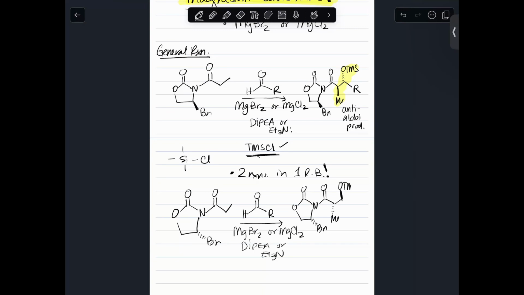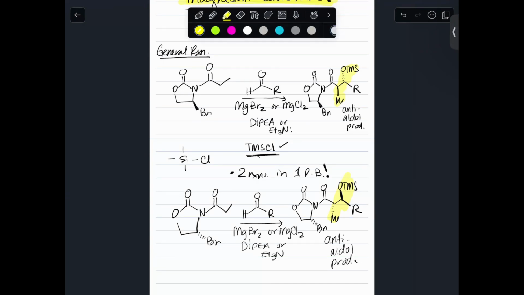You also get the protected oxygen. Let me highlight that for you again. Okay. But what I want you to notice is that, of course, I'm going to highlight in a different color.